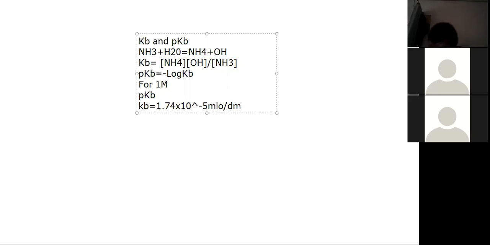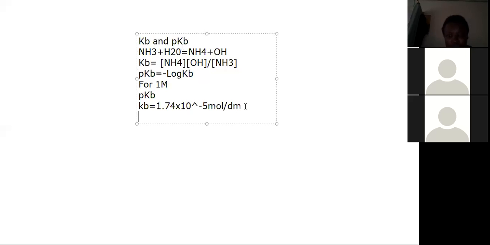For 1 molar solution of ammonia, calculate I, the pKb, II, the hydroxide ion concentration, given that Kb is equal to 1.74 times 10 raised to the power -5 mole per dm cube. And the Kb is the base dissociation constant.